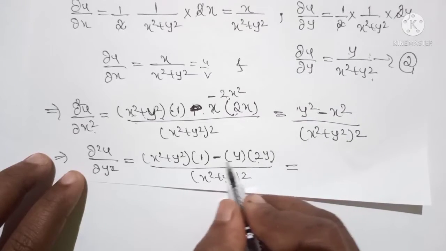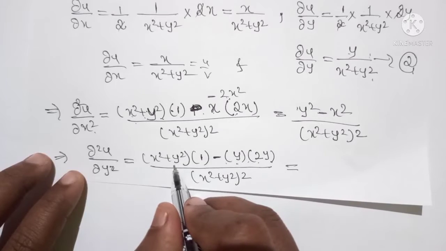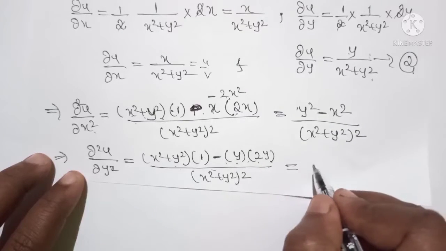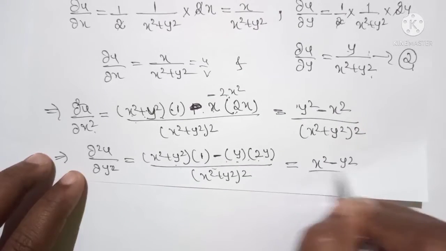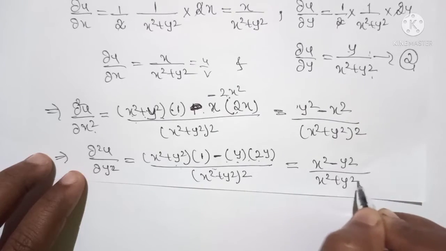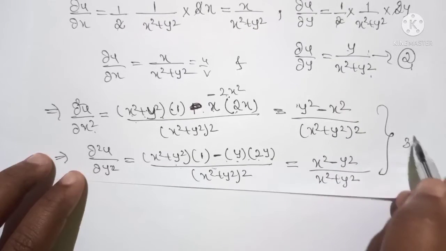Simplifying, here we get minus 2y square plus y square, we get minus y square, that is x square minus y square divided by x square plus y square. Consider these two as equation 3.